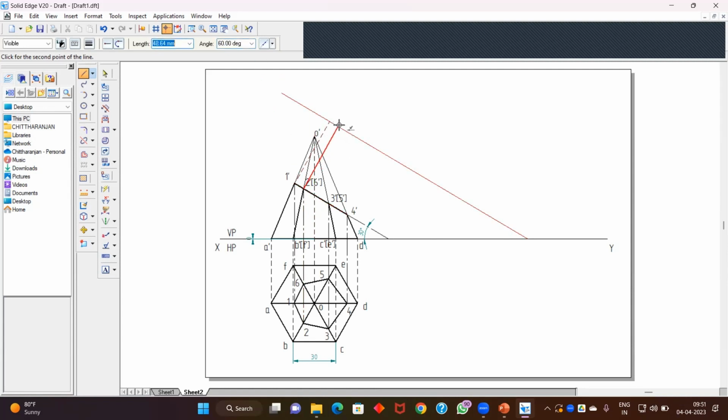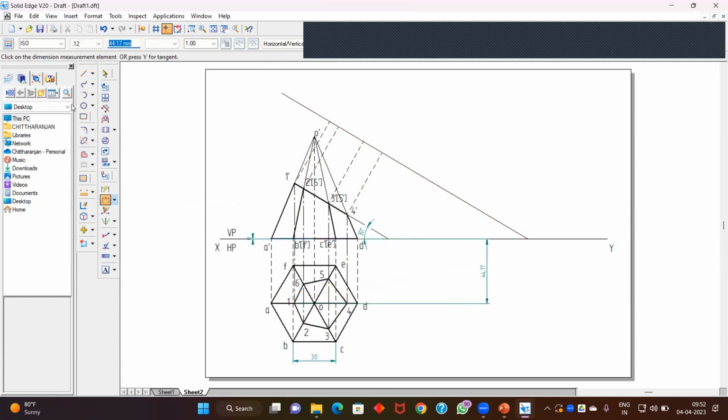Now check the dimensions from here to here.